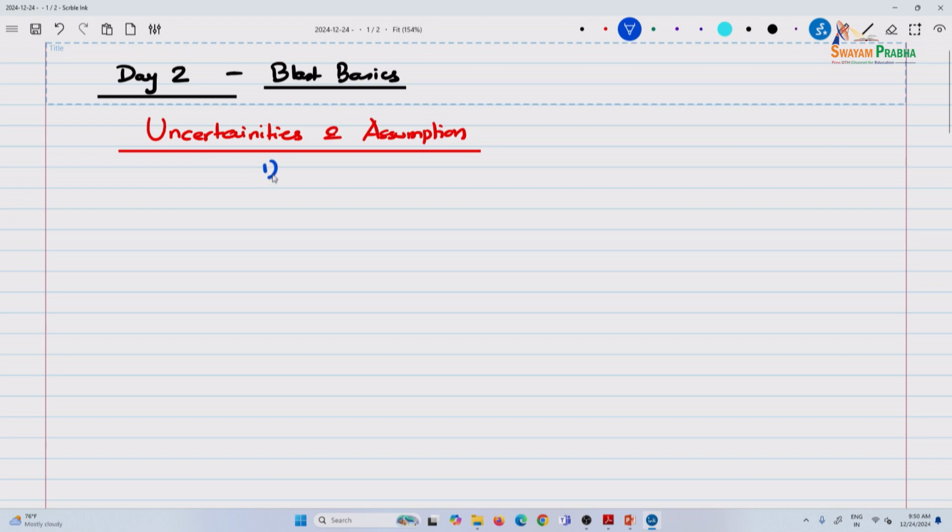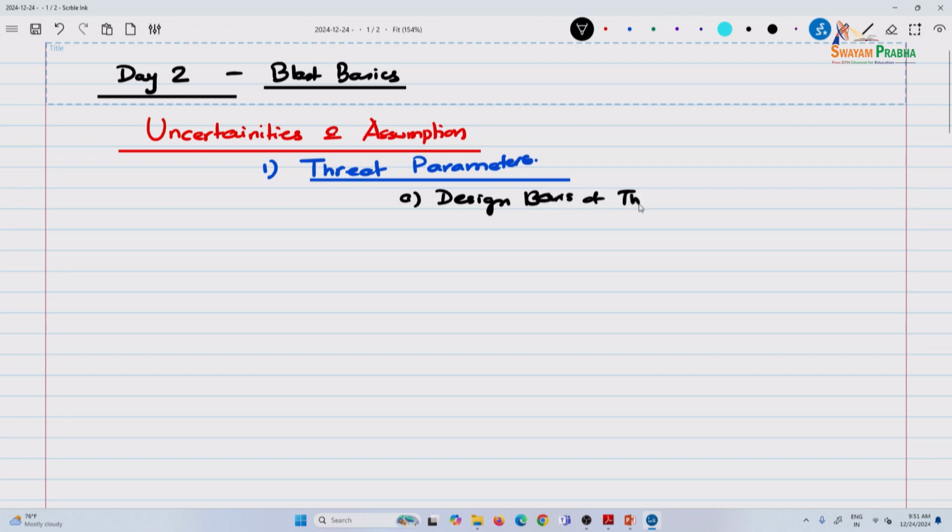What are all the different uncertainties? The first one is, as we talked yesterday, the threat parameters. And the threat parameters, this comes in terms of the design basis threat, namely W and R. So kg and meters are the standard units.